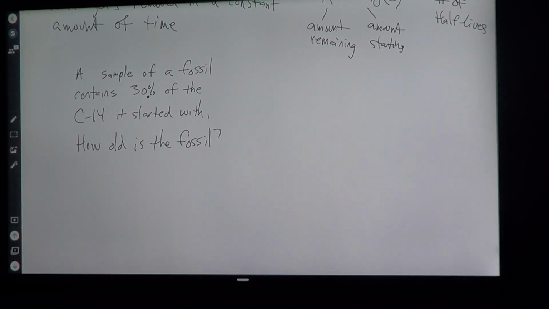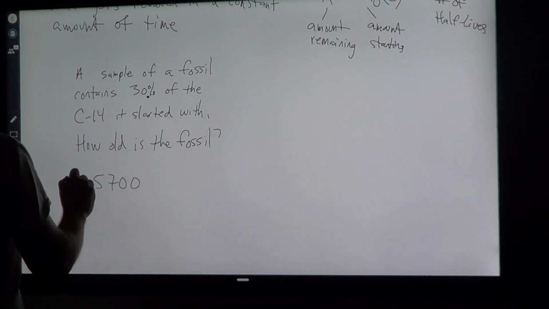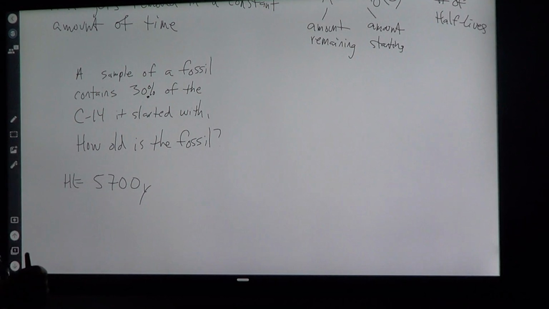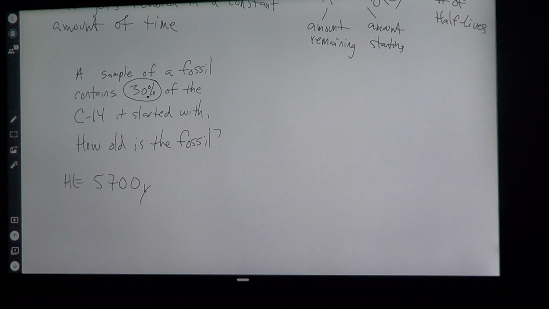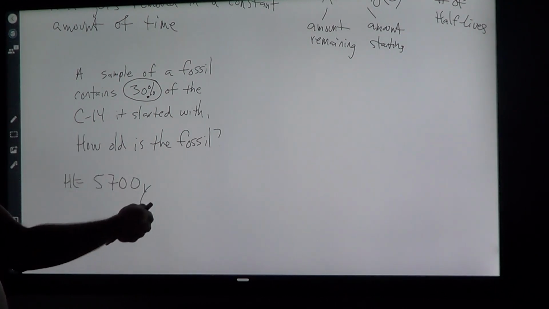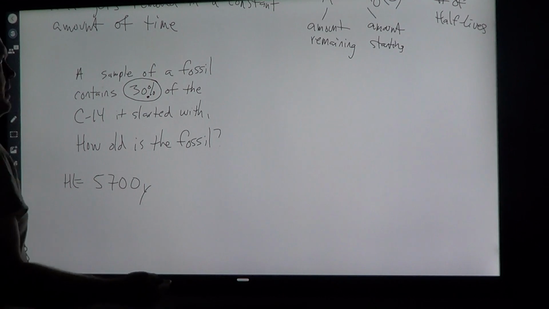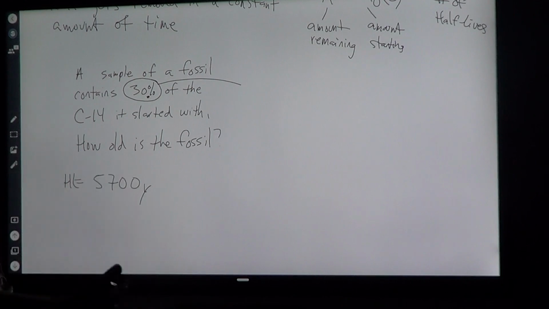So again, you'd have to look up the half-life of carbon-14. Luckily for me, I know that at 2 sig figs it's 5,700 years. Okay? With this 30%, you can get 2 amounts. So all we have is 1 time. So we can't do our conversion first, we're going to have to do our conversion last. And so just like we've done all year long, if it ever gives you a percent, assume 100 grams, and that's the easiest math.